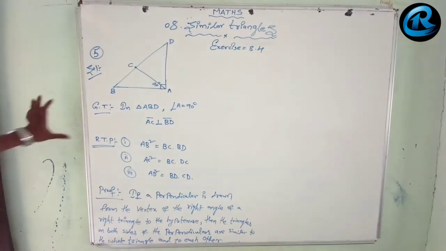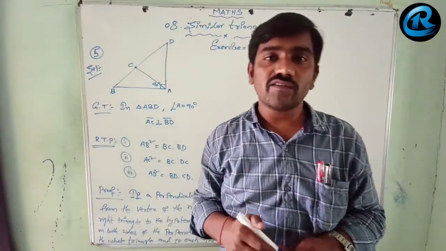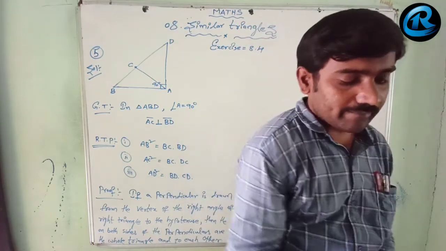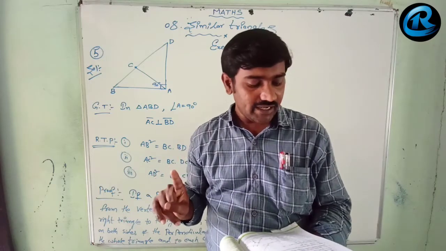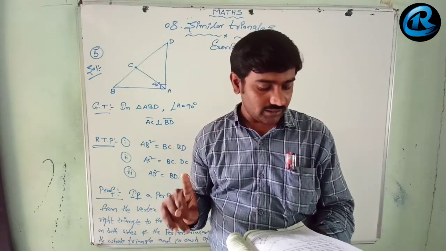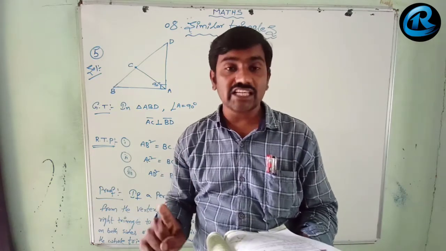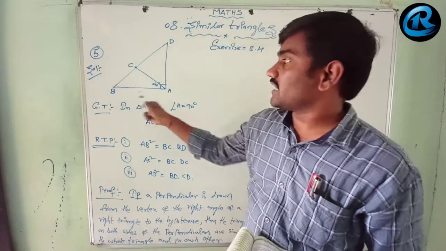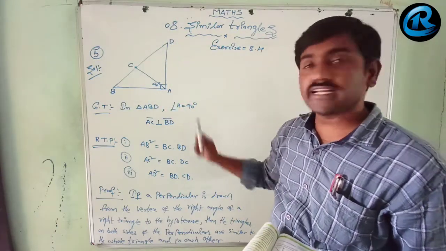Now we go for the question number 5. The same theorem number 8.7 we are going to use in this question number 5. First of all, let me read the question. See, ABD is a triangle, right angle at A, where AC is perpendicular to the BD. Here ABD is a right angle triangle where the right angle is located at A, that is 90 degrees.